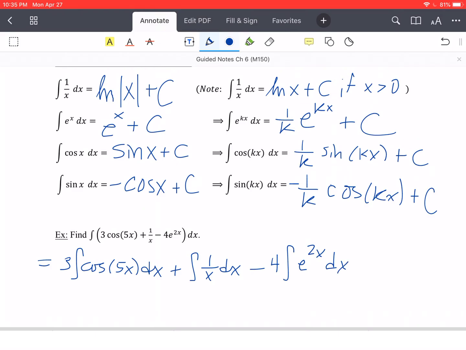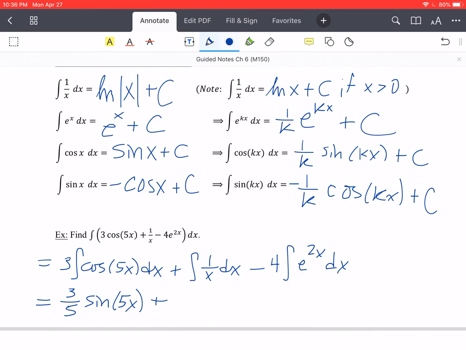Now we can compute the integrals individually. The integral of cosine of 5x is 1 over 5 times sine of 5x. The 3 is still there, so that's 3 over 5 times sine of 5x. You don't need to add a plus c to all of these. All of the plus c's will combine at the end, so we'll leave the plus c off until the very end of this calculation.